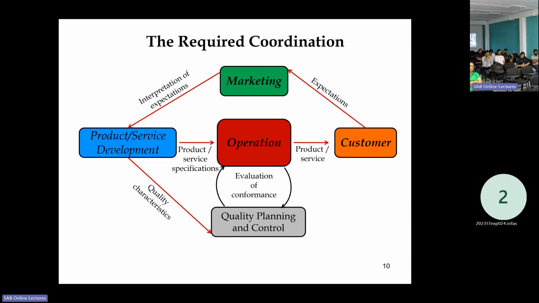At the end of it, they will finalize the product spec. Now that is given to the operations team to arrange the processes and start production and manufacturing, following the spec.